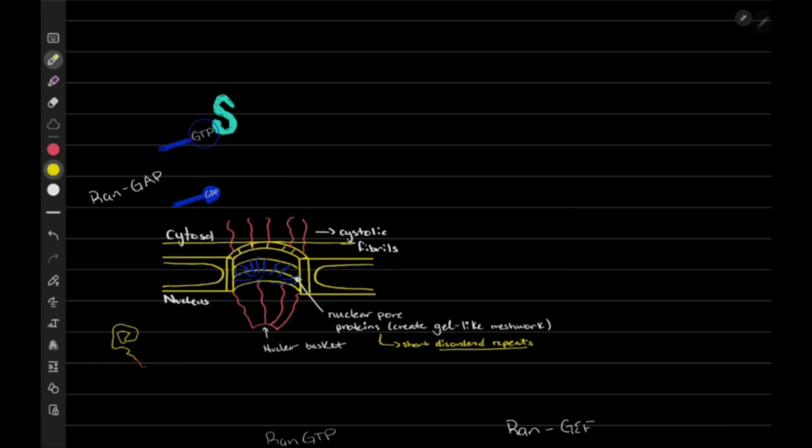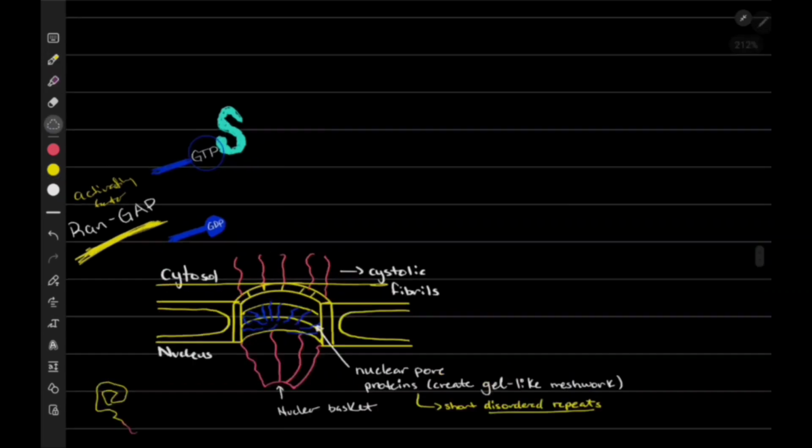So we have another enzyme called RAN-GAP, which is an activating factor. Sorry for the messy handwriting, but it's called an activating factor, which will cleave off this GTP and make it into GDP.